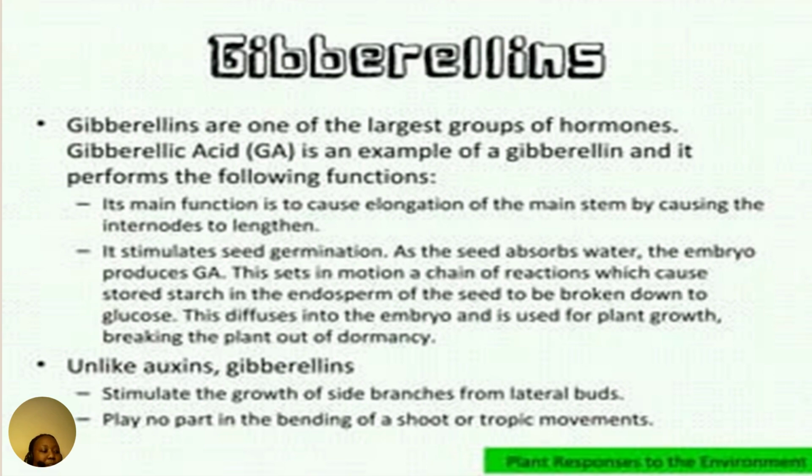Gibberellins promote stem elongation. They also stimulate cell division. They play a role in the germination of seeds. They control cell enlargement, and they promote the development of buds, flowers, and fruit. They are also known to promote the development of seedless fruits.